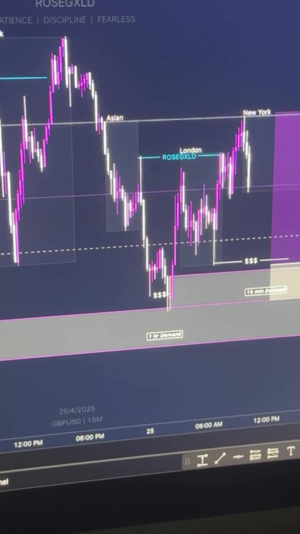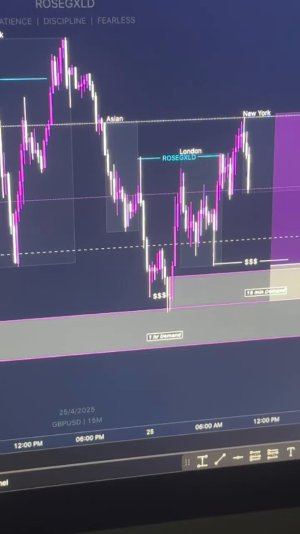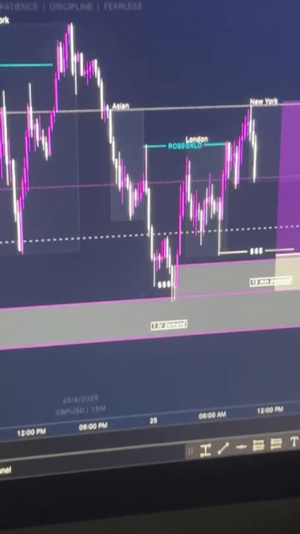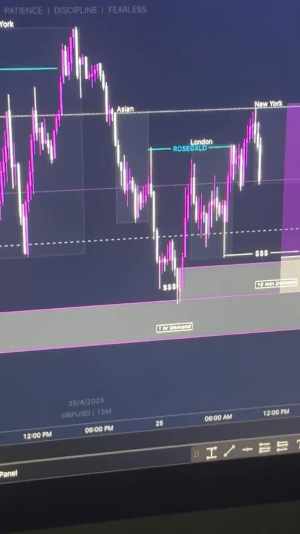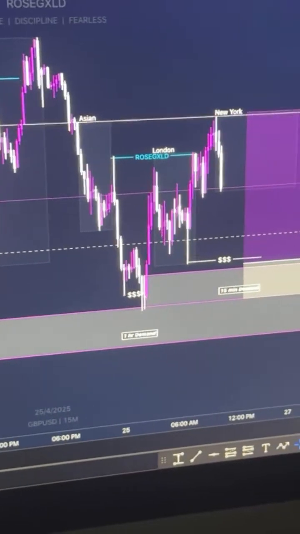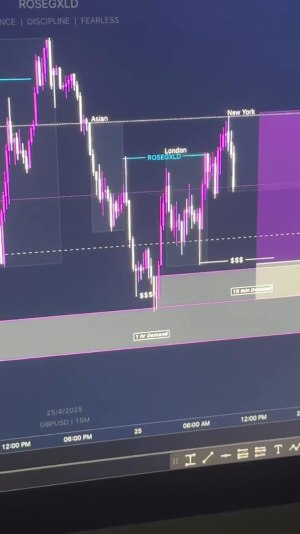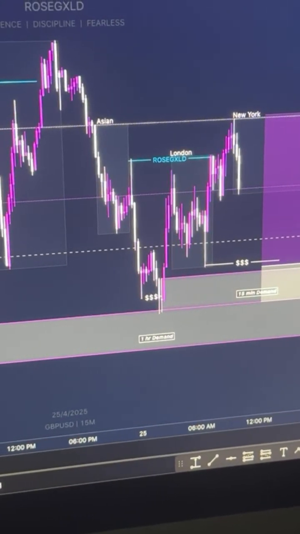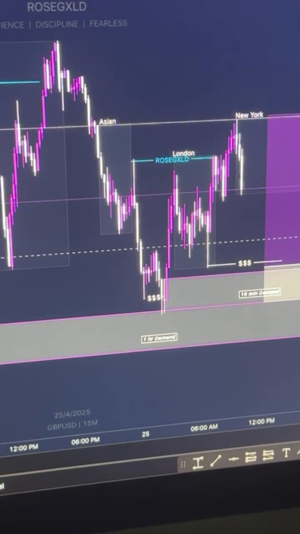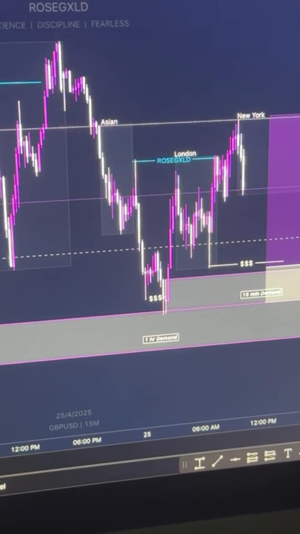The aim, bro, is to preserve your capital at all points. So the moment you're in a trade and it starts forming structure in your direction, of course, bro, trail your stops. It's a win-win situation. You preserve your capital and you also make money if price comes and stops you out when you trail your stops.